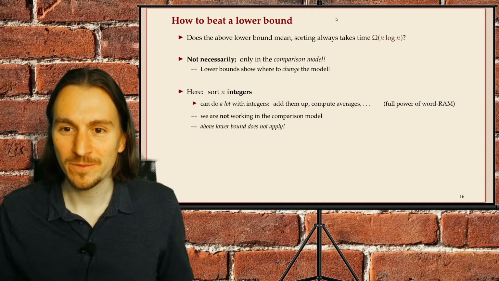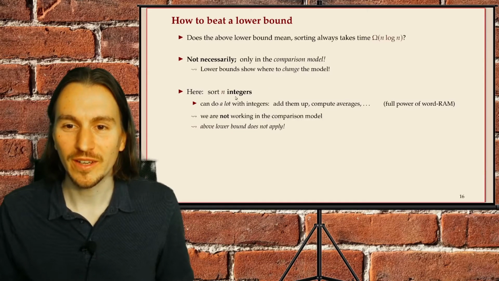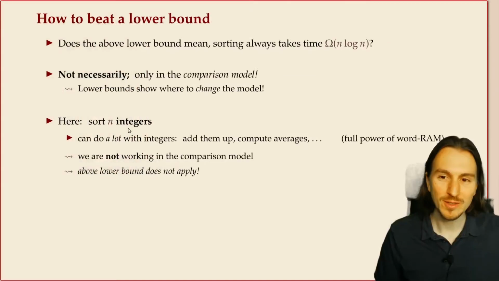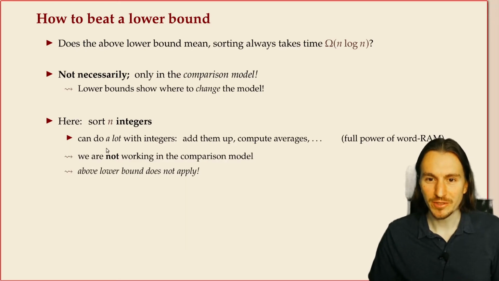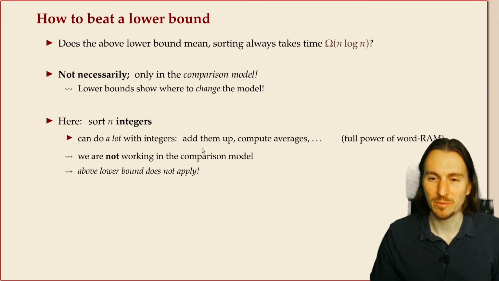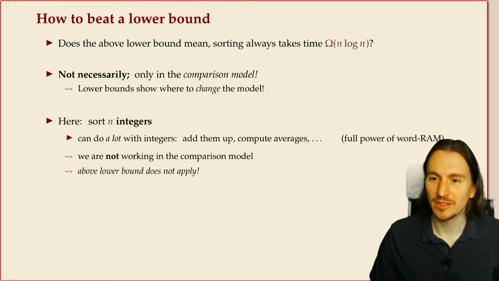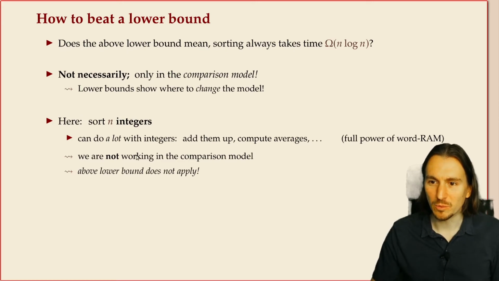So here, let's suppose we're not sorting arbitrary objects, but let's suppose we sort integers. So these are numbers, and we can do a lot more with integers than comparing them. We can add them up, we can compute averages, we can do all sorts of fancy arithmetic operations. Now, in particular, we can do the bit tricks that the word RAM allows.